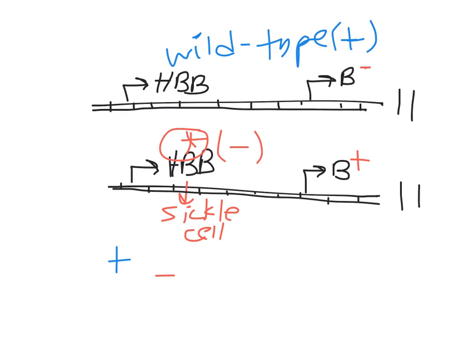The only thing we have to do to complete this is add a slash. You've probably seen this before in intro bio courses, genetics in high school. Maybe you've seen it, maybe you haven't. The slash indicates the separation of the homologs.